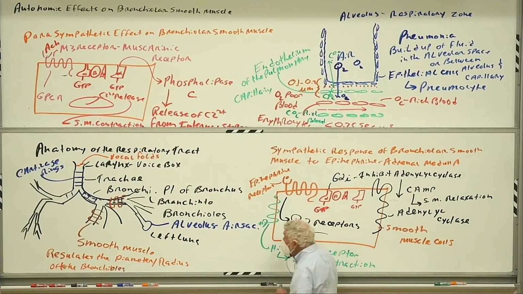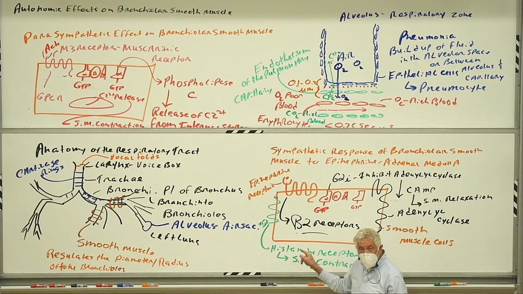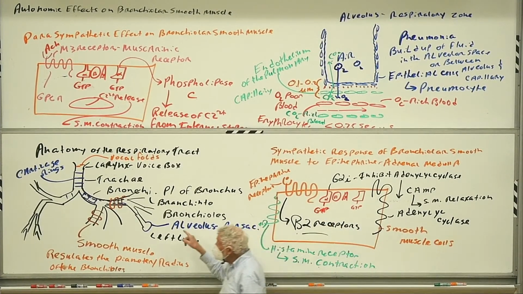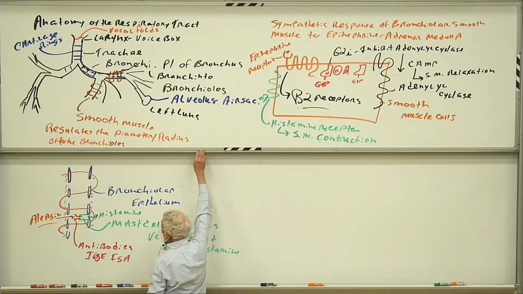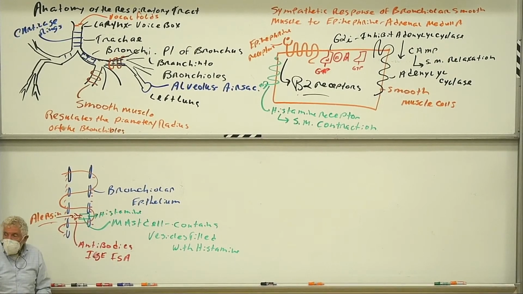And that's the basis of an asthma attack. That's where asthma comes from. You breathe in an allergen, and it binds to the IgA or IgE. The IgA or IgE releases histamine. The histamine causes smooth muscle contraction, and your bronchioles constrict, and you have a hard time breathing. Let's leave it with that.